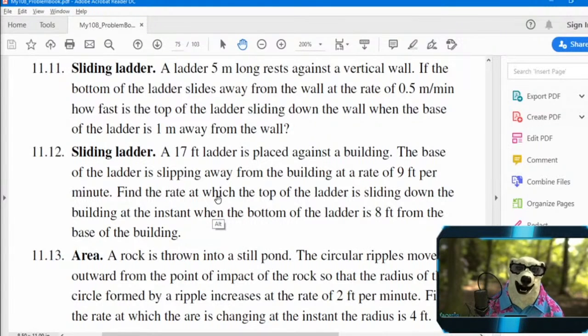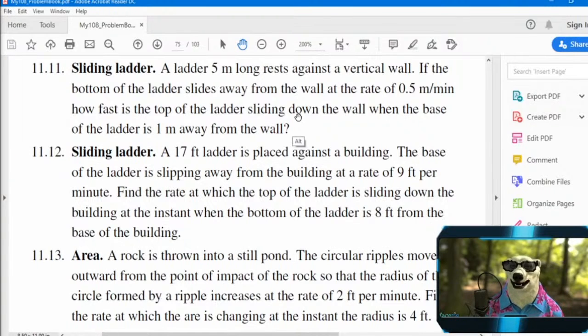If the bottom of the ladder slides away from the wall at the rate of 0.5 meters per minute, how fast is the top of the ladder sliding down the wall when the base of the ladder is 1 meter away from the wall?